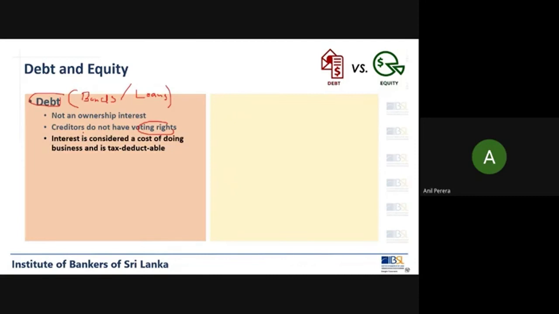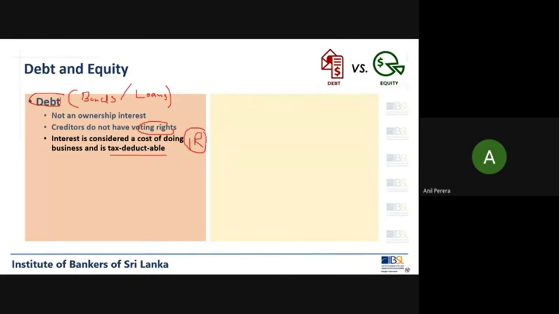Interest is paid, and that interest is actually considered as cost of doing business. So what you pay or receive as interest is the cost of doing business. And when it comes to accounting, this interest cost is tax deductible.